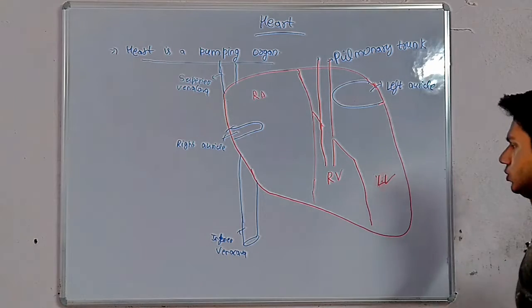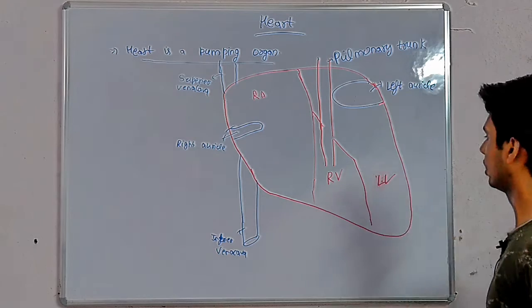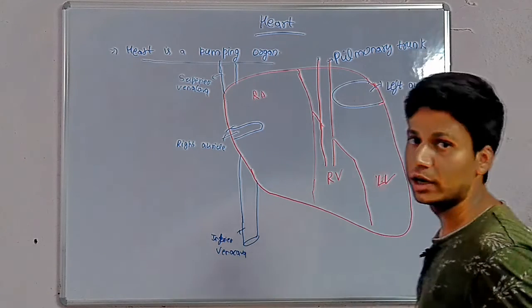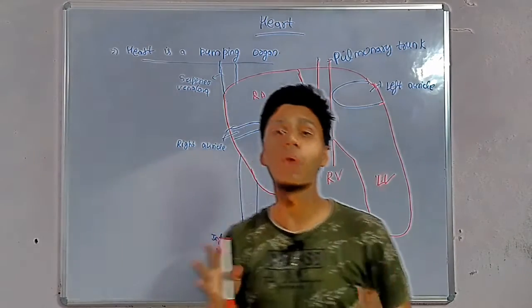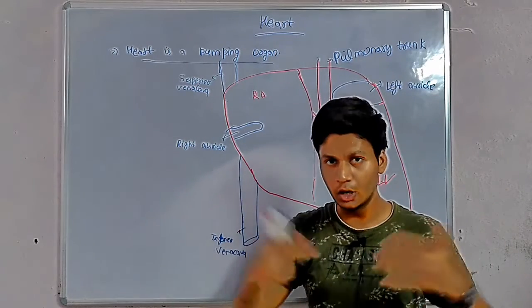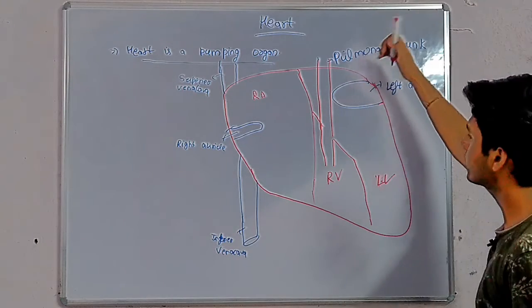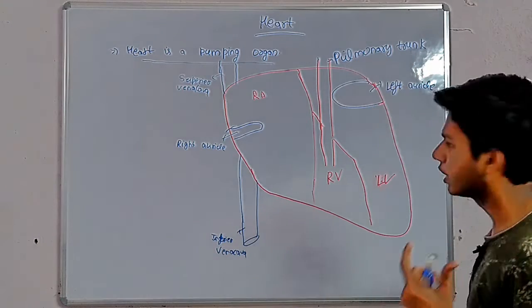Then this is the right auricle. Posteriorly, we know the left atrium is present posteriorly.